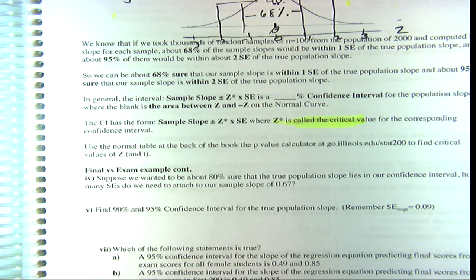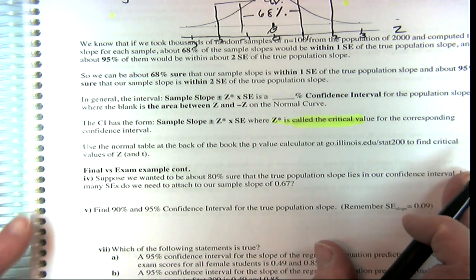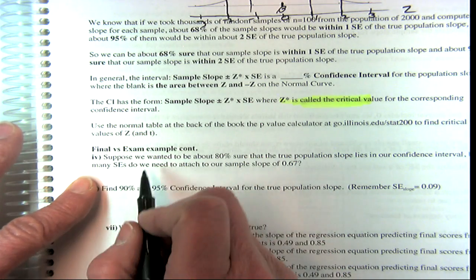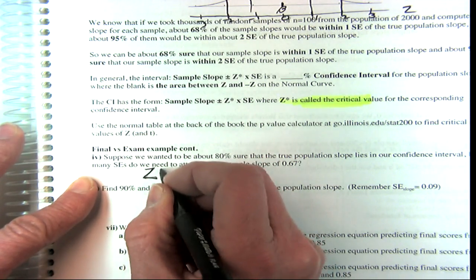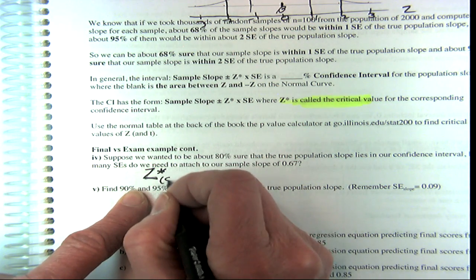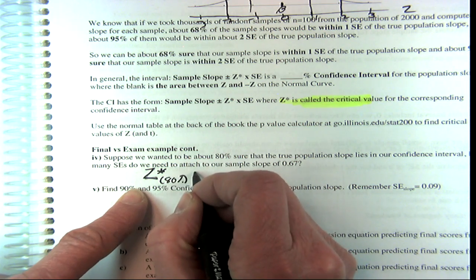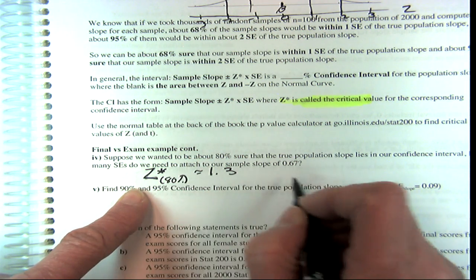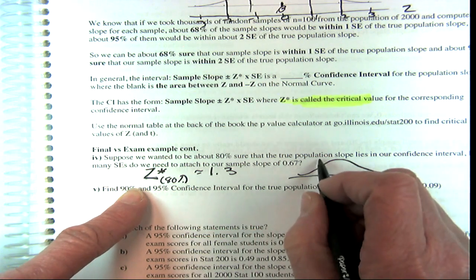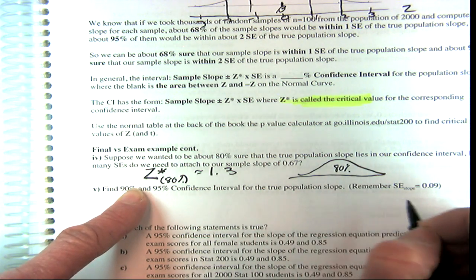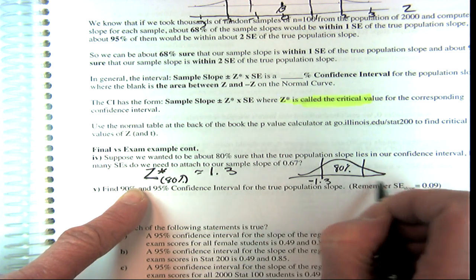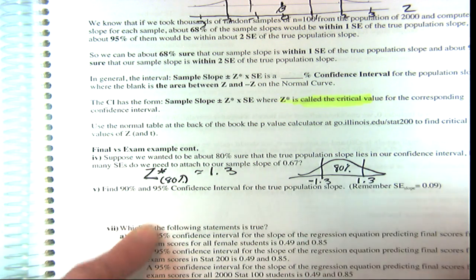So we can say the critical value, you put a little star for the critical value, for the 80% confidence interval is approximately equal to 1.3, because when you look at the normal curve, 80% of the area of the normal curve is between the z-score of negative 1.3 and positive 1.3.